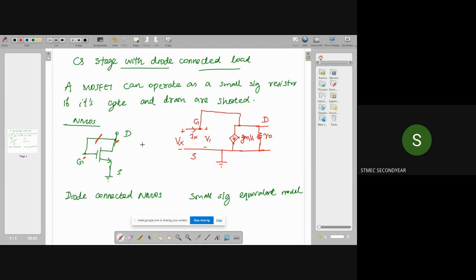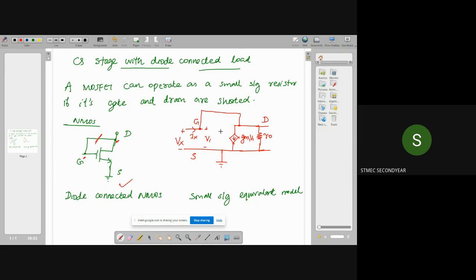In a diode connected load configuration, the drain and gate are connected together. We are considering the small signal equivalent model for this diode connected NMOS configuration, and we have to find the effective resistance offered by this diode connected load.